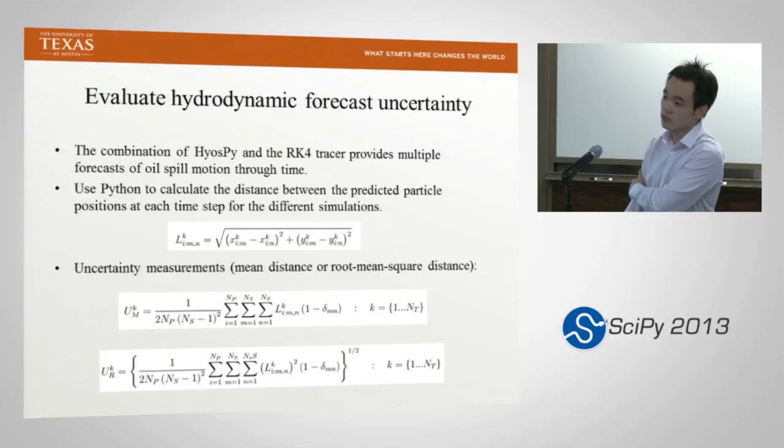What flavor of uncertainty? For the uncertainty, we use these two simple measurements: one is the mean distance, and the other is the root mean square distance, for comparison.